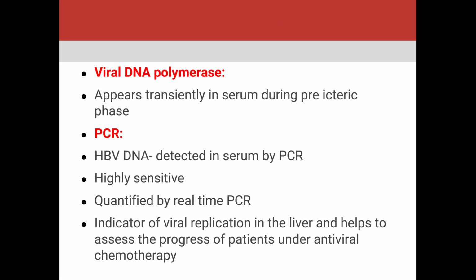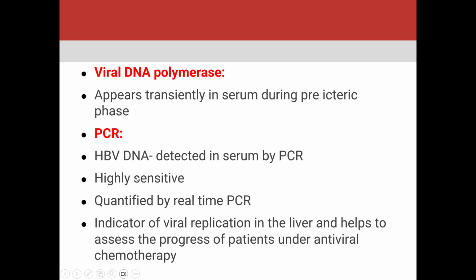Viral DNA polymerase appears transiently in the serum during the pre-icteric phase. Next is PCR, polymerase chain reaction. Using polymerase chain reaction, we can detect HBV DNA in the serum. This is a highly sensitive method.